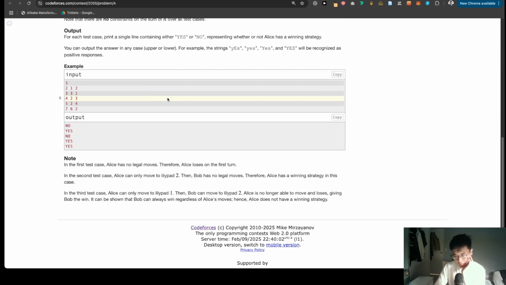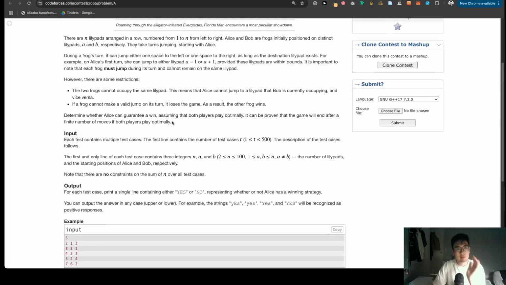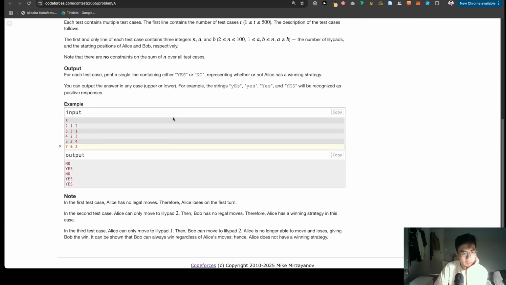If the distance between Alice and Bob is odd, that means Alice can jump. Alice might be to the right of Bob, or might be to the left.